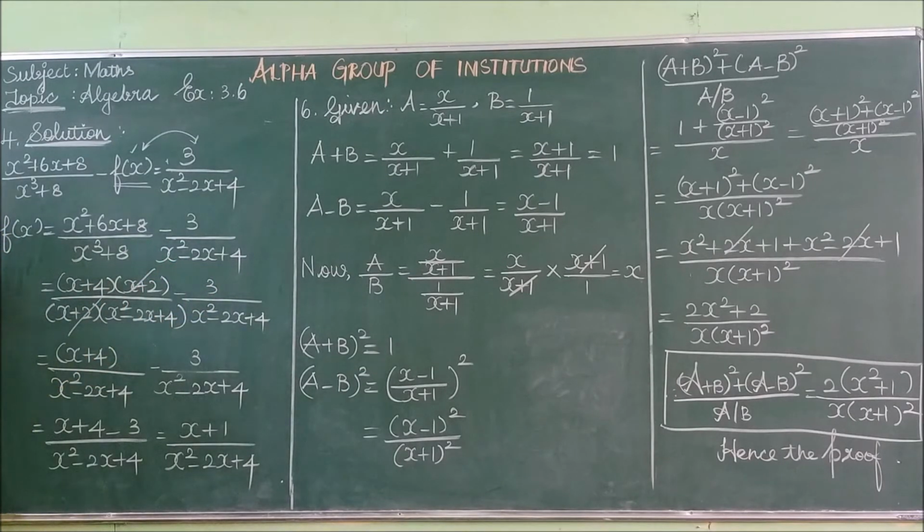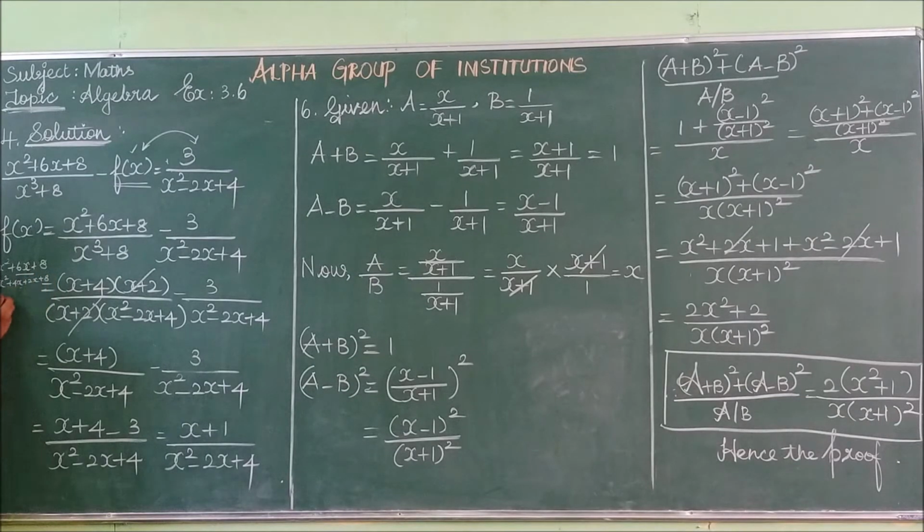Now find the factors for each of these. First find the factors for x squared plus 6x plus 8. If you multiply two numbers, you get 8, and if you add them, you get 6. So what are the two numbers? 4 twos are 8, 4 plus 2 is 6. So you can write the middle term as x squared plus 4x plus 2x plus 8.